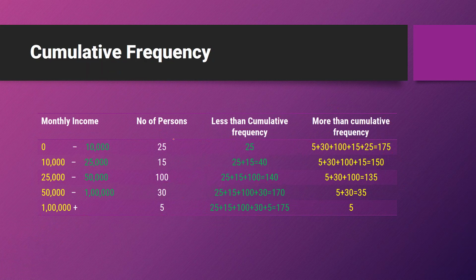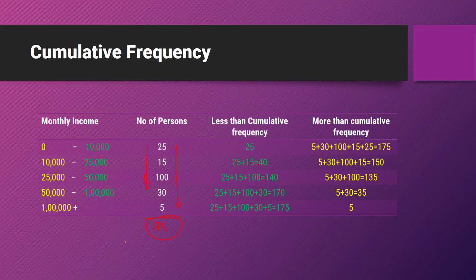Okay, now one thing that you should check whenever you are calculating cumulative frequency, and I have seen many students making the same mistake: if you add these values 25, 15, 100, 30 and 5, you should get 175.